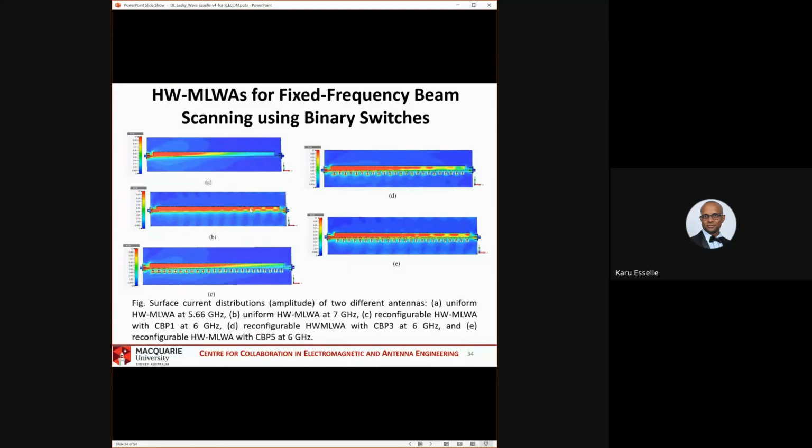The good thing about these antennas is that the effective aperture is almost full length, so they have very high directivity at higher frequencies. But because of the loss, the power going to the matched load is a loss. Radiation efficiency is less, so gain is not equal to directivity.